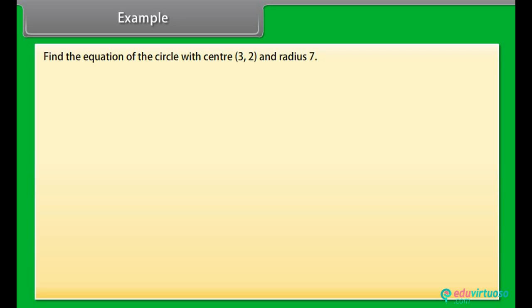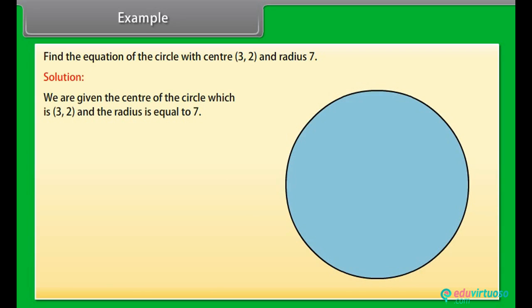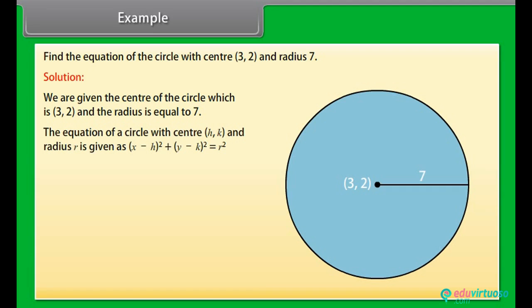Example. Find the equation of the circle with center (3, 2) and radius 7. Solution. We are given the center of the circle which is (3, 2) and the radius is equal to 7. The equation of a circle with center (h, k) and radius r is given as (x - h)^2 + (y - k)^2 = r^2. Here h and k are equal to 3 and 2, and radius r is equal to 7.